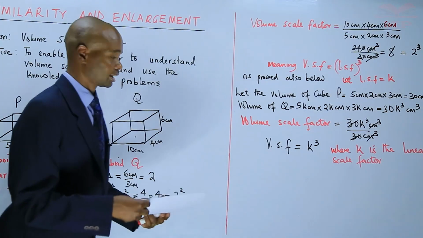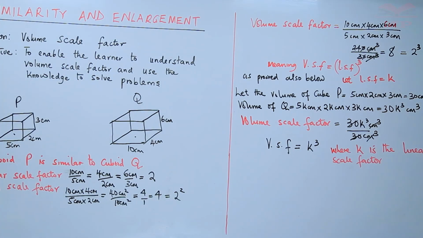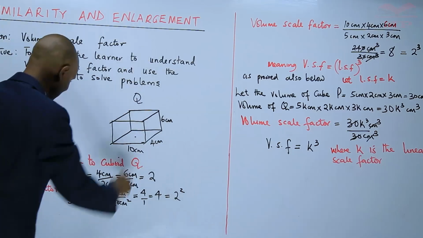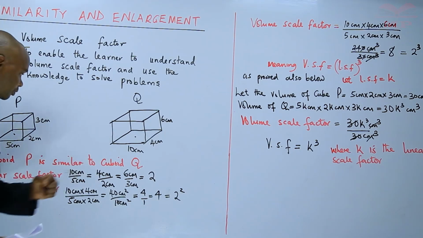Let us go through again how we got to that. These were two similar cuboids, because we've been talking about similarity and enlargement. The linear scale factor is gotten by getting the ratios of the corresponding sides. It is 2.